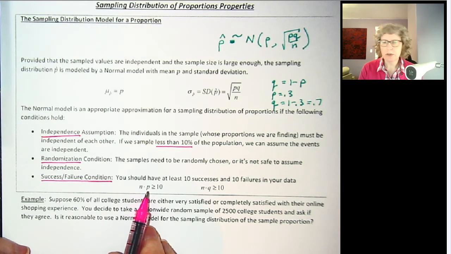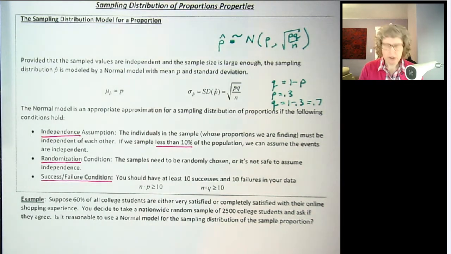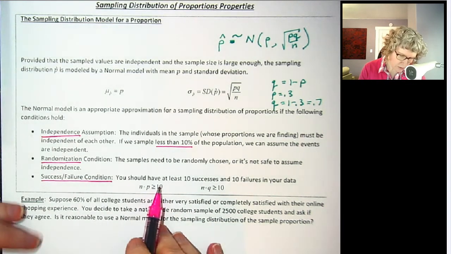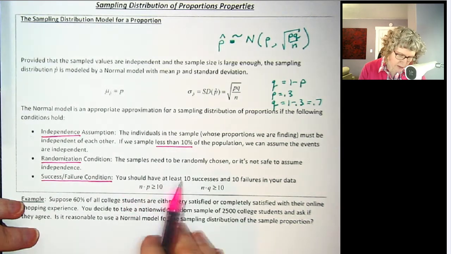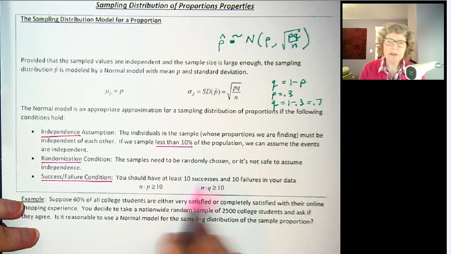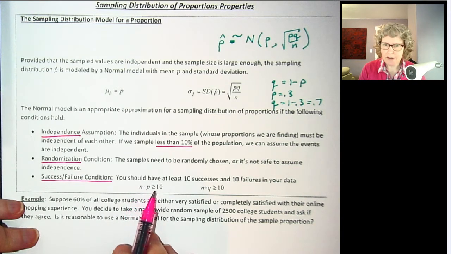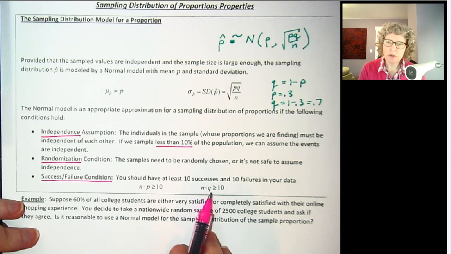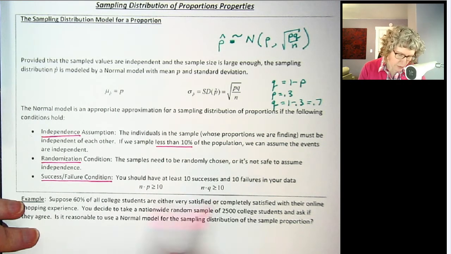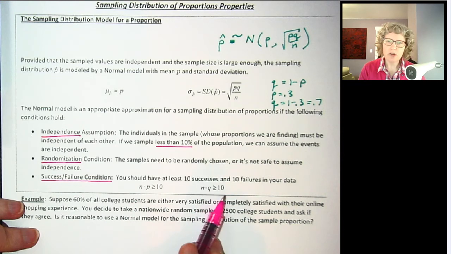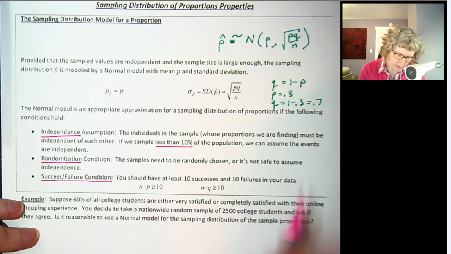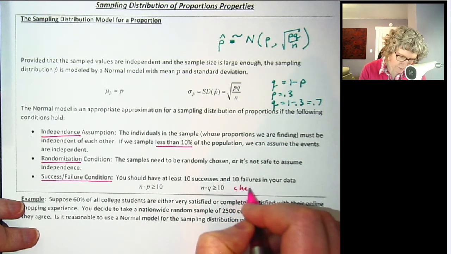If p is really towards 0 or 1, you need a much larger sample size. It's phrased as the number of successes and failures. Remember, n times p is the mean of a binomial, the number of successes, and n times q is the number of failures. You don't have to worry about that too much, but we're going to calculate and check this condition each time.